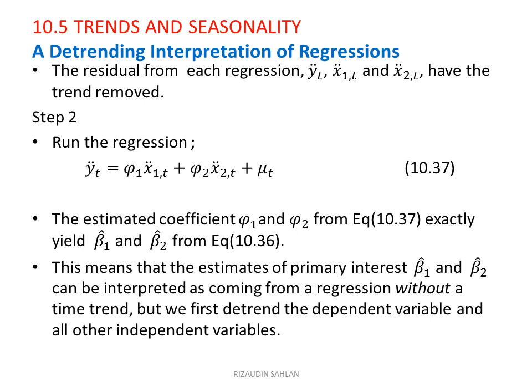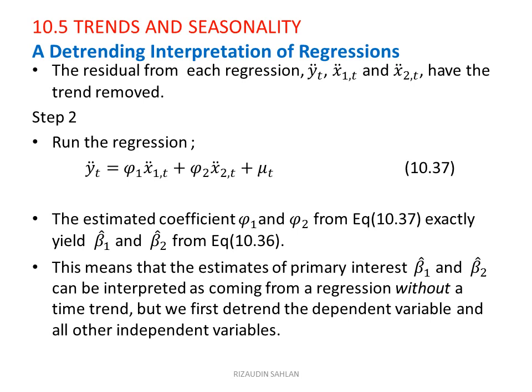For step 2, let's run the regression as in equation 10.37, and we can see that the estimated coefficients pi 1 and pi 2 from equation 10.37 are exactly the same as we get from equation 10.33 for the coefficients beta hat 1 and beta hat 2.